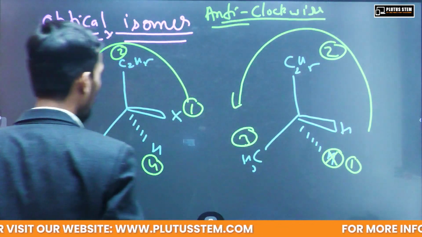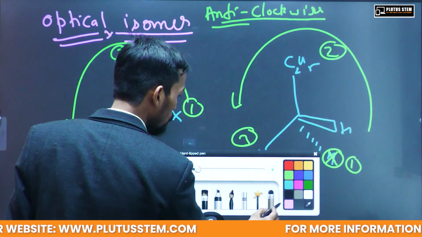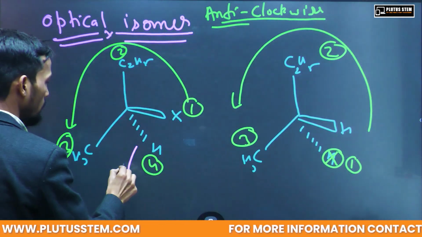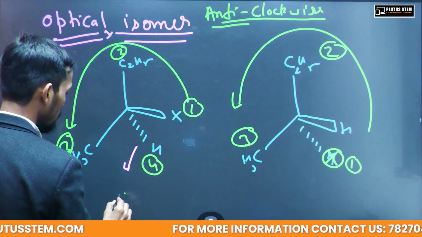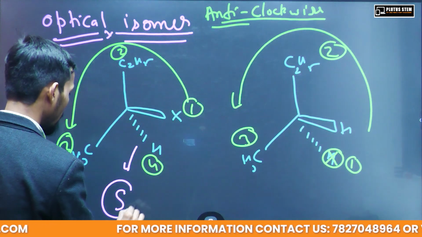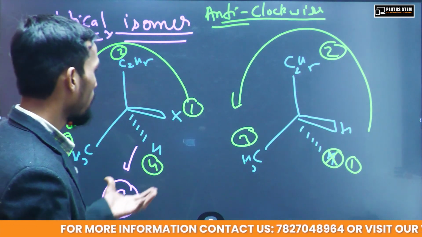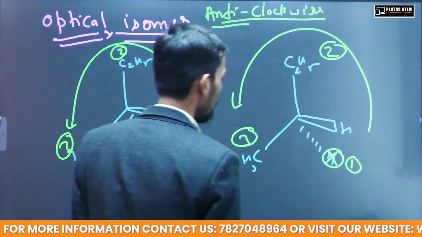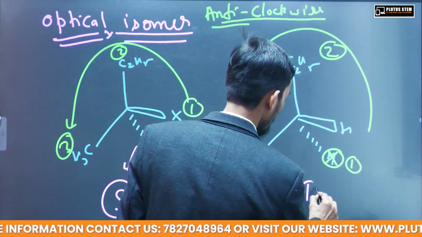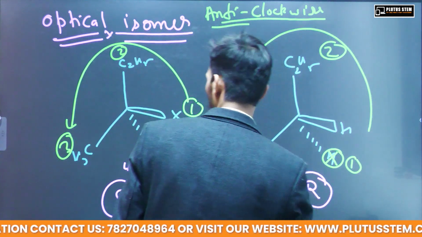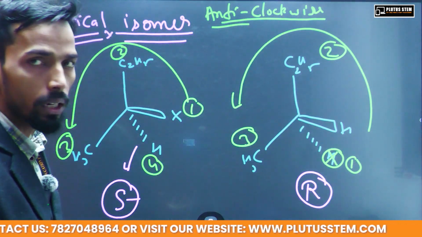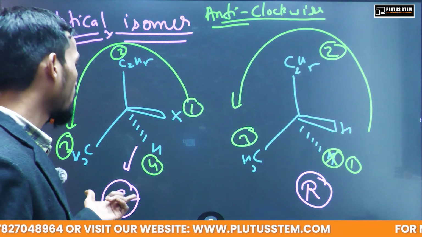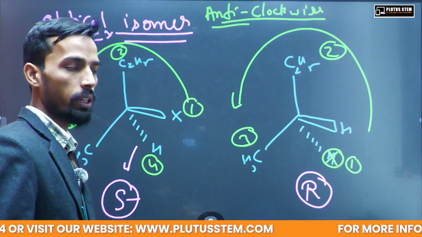If the rotation is anti-clockwise and the fourth group is below the plane, then we call it S configuration. And when the fourth group is above the plane, we call it R configuration. So this is the way we name R configuration and S configuration.